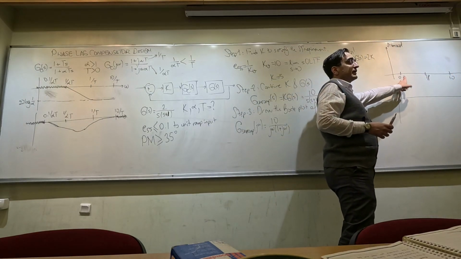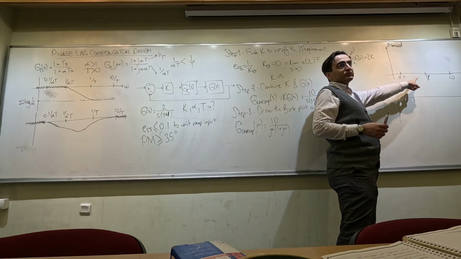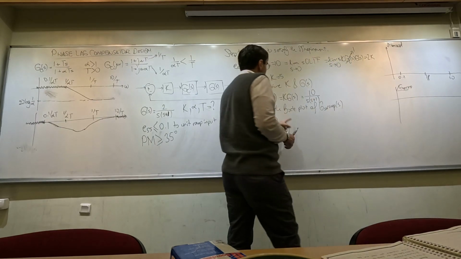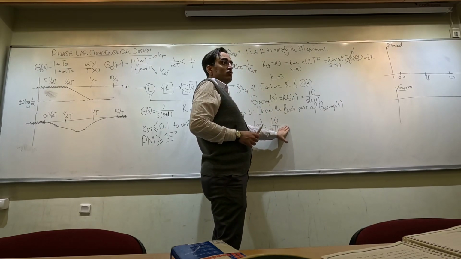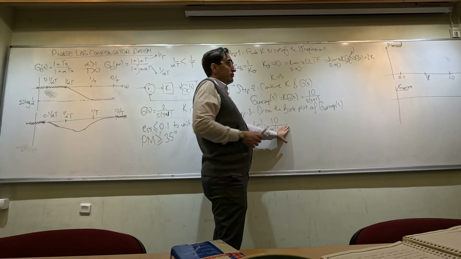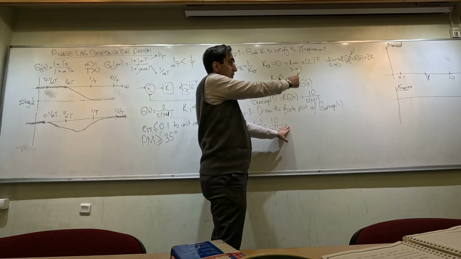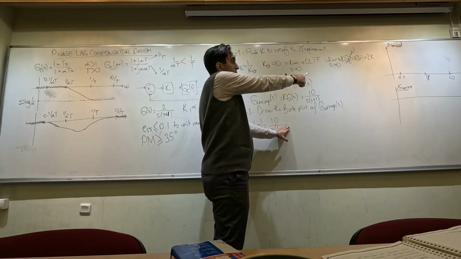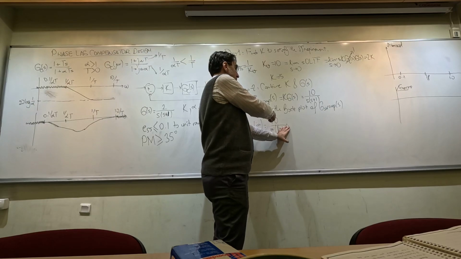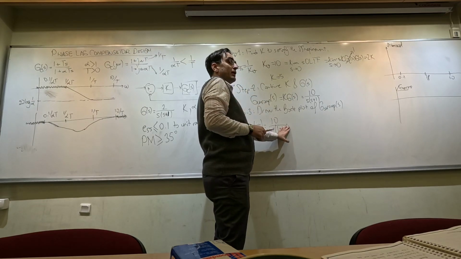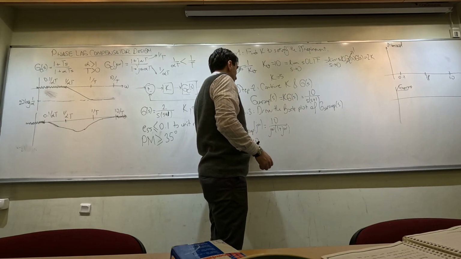If we are at a frequency which is at least 10 times smaller than the corner frequency, so if we are at frequency 0.1, then this one is going to be negligible. J omega here will be negligible if we are at a smaller frequency than the corner frequency, which is 1. So for frequency 0.1, this transfer function is going to be looking like 10 over j omega. And the magnitude of that thing is 10 over omega.